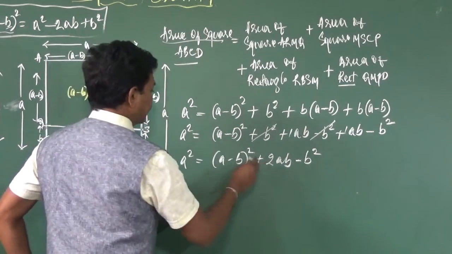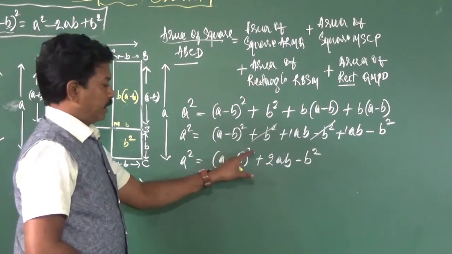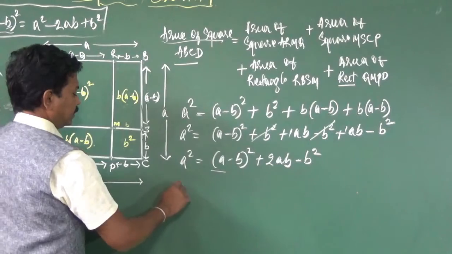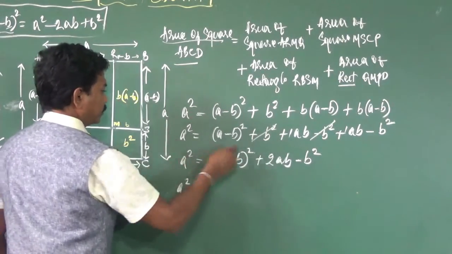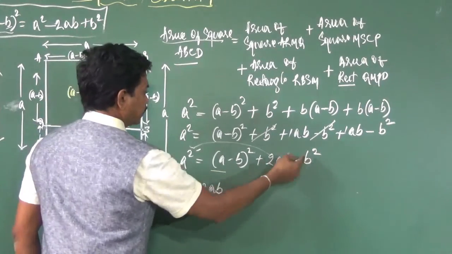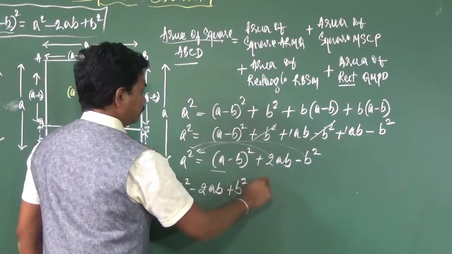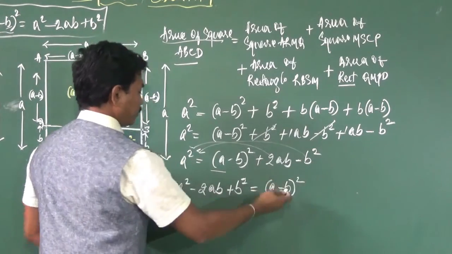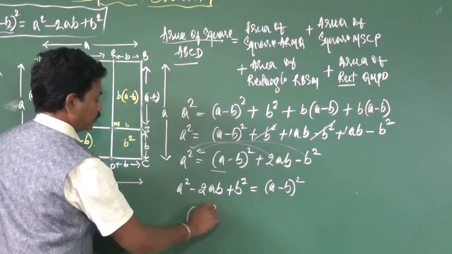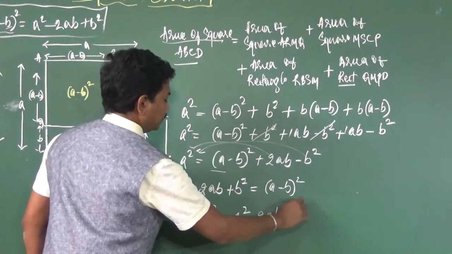As we are establishing the identity for (A minus B) whole square, let us transpose these two terms to the LHS. So that becomes A square minus 2AB plus B square is equal to (A minus B) whole square. Interchanging LHS and RHS, (A minus B) whole square is equal to A square minus 2AB plus B square.